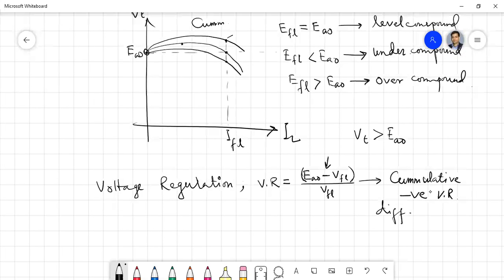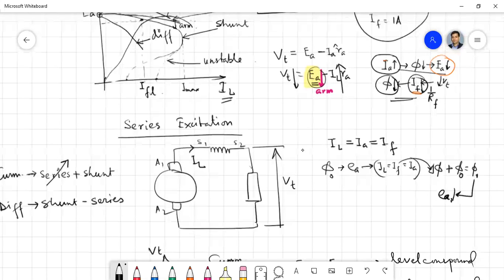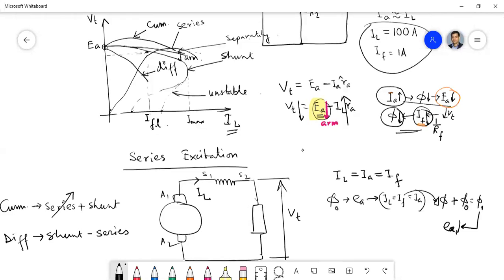As he has rightly pointed out, as I told you, this point is basically the short circuit point, and the short circuit point will be the value corresponding to the rated voltage divided by the armature resistance. This value will get there, not this value.